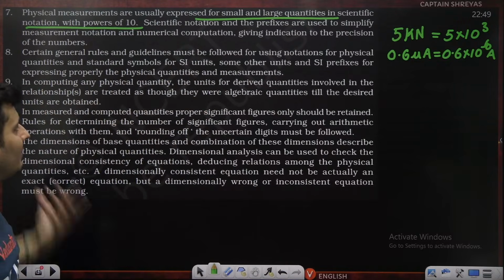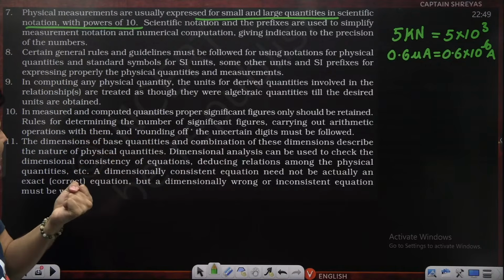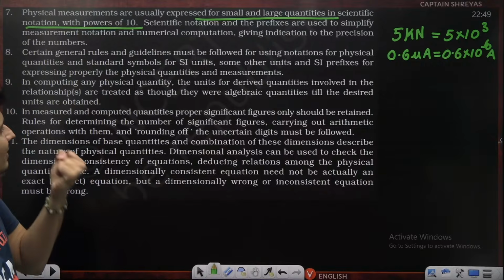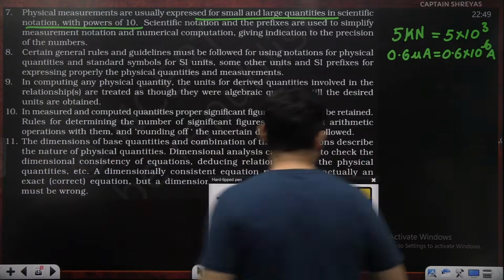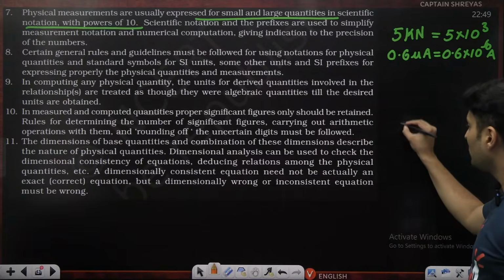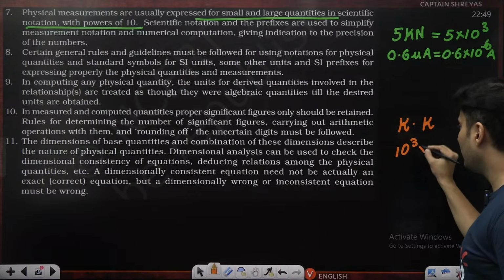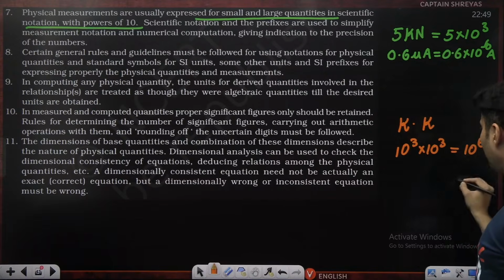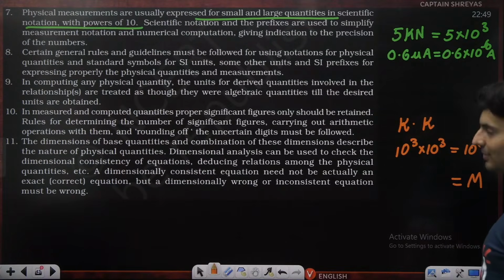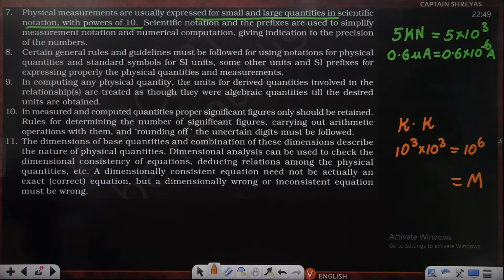Whenever you compute any physical quantity, the derived quantities in the relationship are treated as algebraic quantities till the desired units are obtained. Meaning, you can do things like kilo into kilo. I can write it as 10 to the power 3 into 10 to the power 3, which is 10 to the power 6, and then finally you can write this as mega. Kilo into kilo will be mega, right? That is what it means in the end.